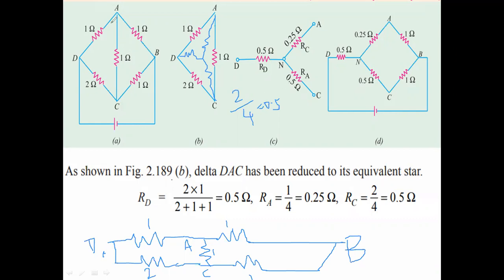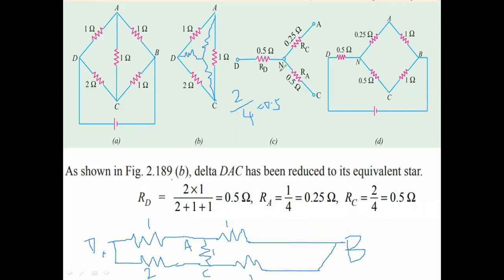So like this, the delta formation of the network is replaced with the star network, and this star network has these values. These values are obtained from the previous formulas. You have to remember how we can apply the formulas.